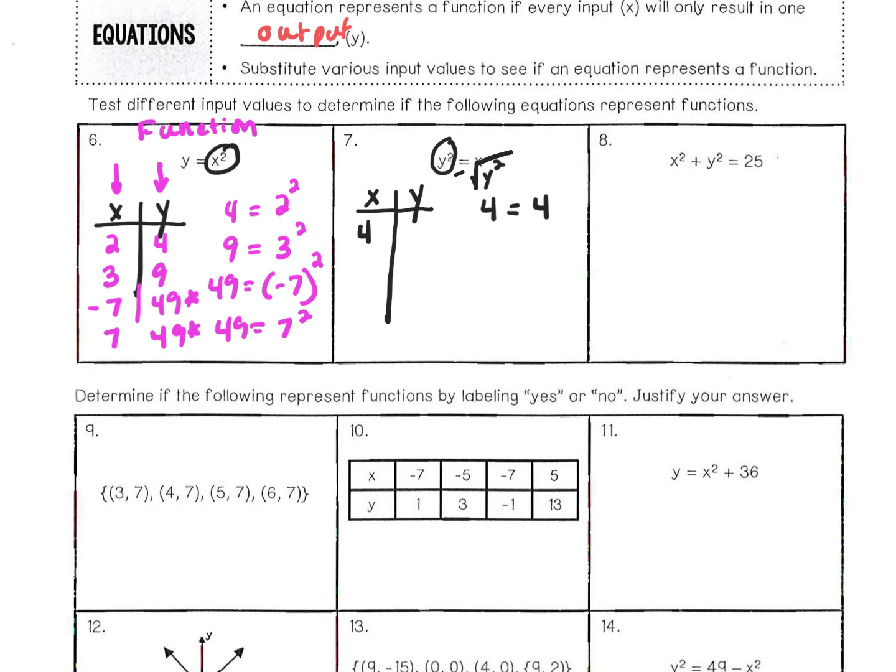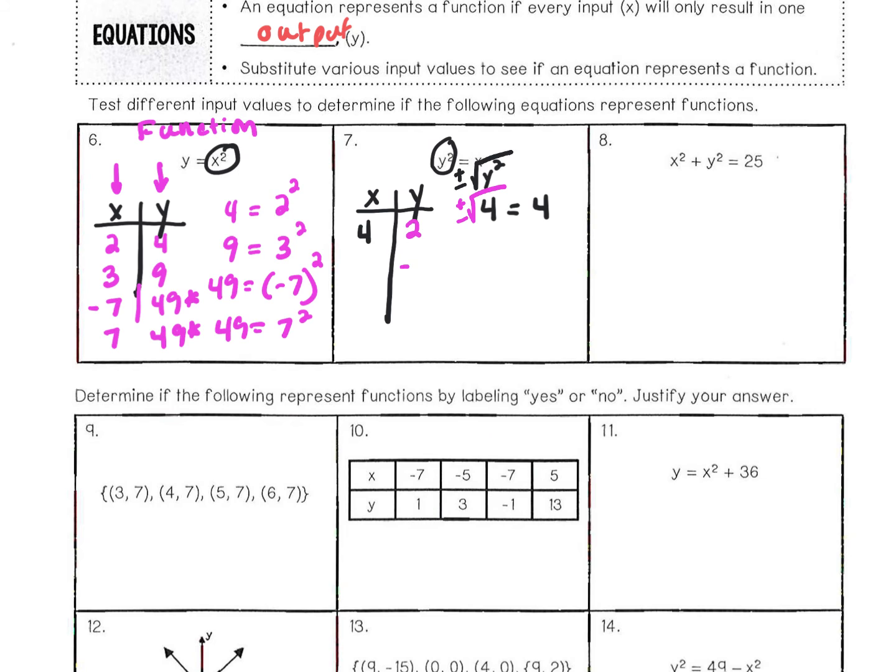But if you recall, the square roots are positive and negative. So when I go to find this square root, I'm going to get a positive square root and a negative square root. If I unsquare 4, I'm going to get a +2, because 2 times 2 is 4.